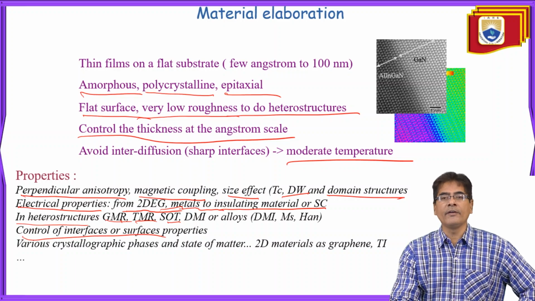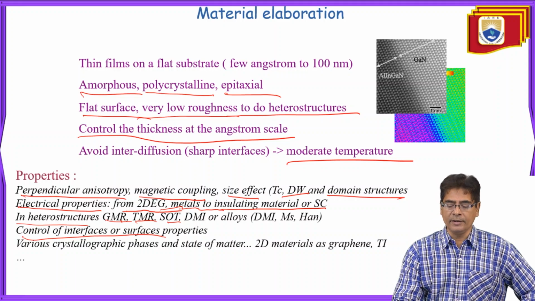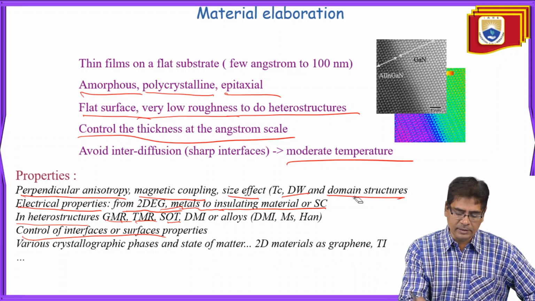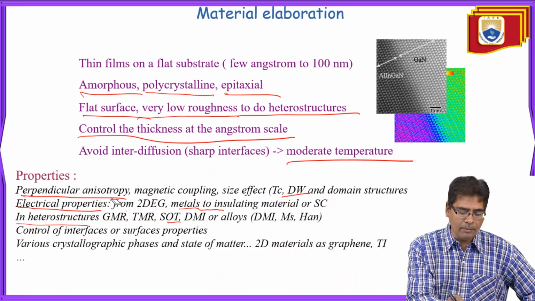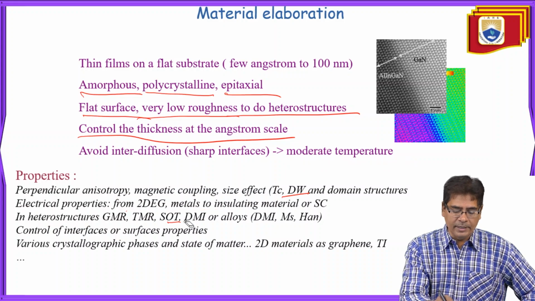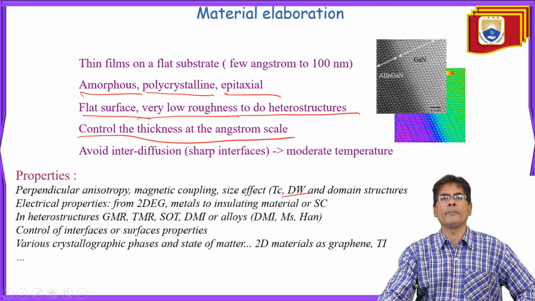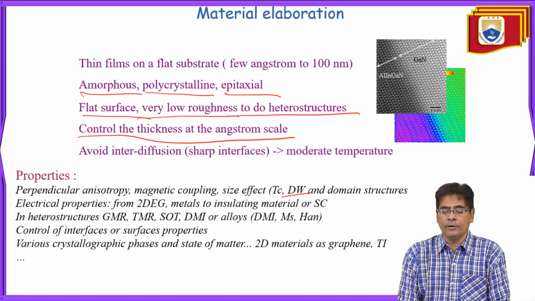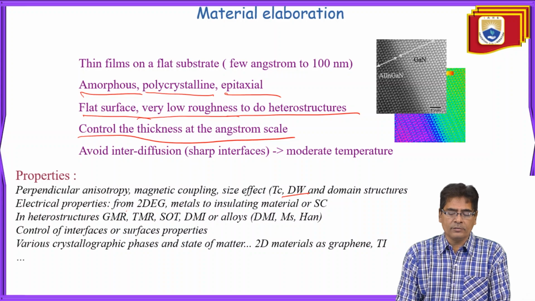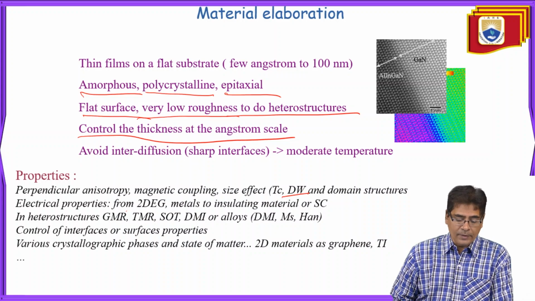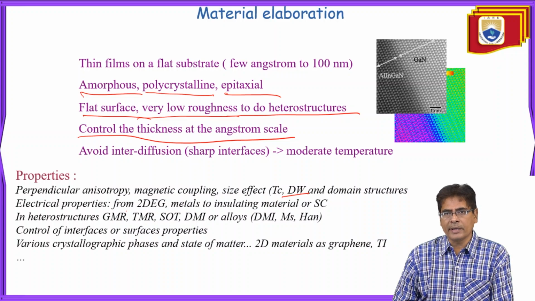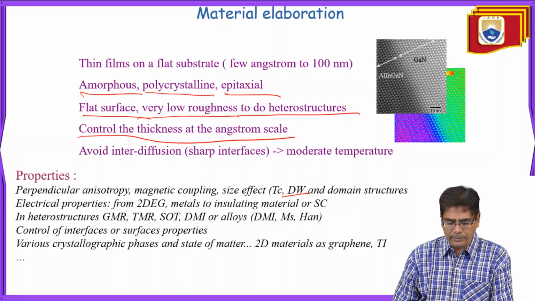Various crystallographic phases and states of matter of 2D materials like graphene and titanium are being studied, right? So these are the properties where we need to understand how the materials can be elaborated. The properties are perpendicular anisotropy, magnetic coupling, size effect, critical temperature, domain wall and domain structure, and electrical properties from metal to insulating materials or semiconductors, and heterostructures like GMR and TMR, and alloys, which are a combination of different materials, right?